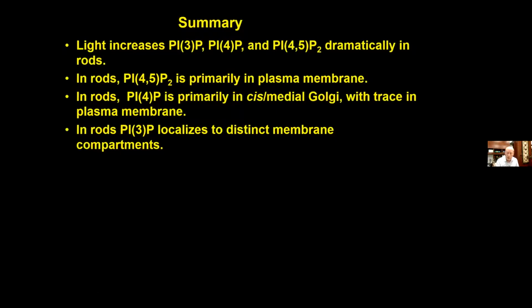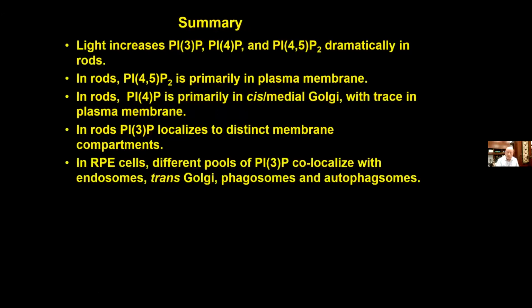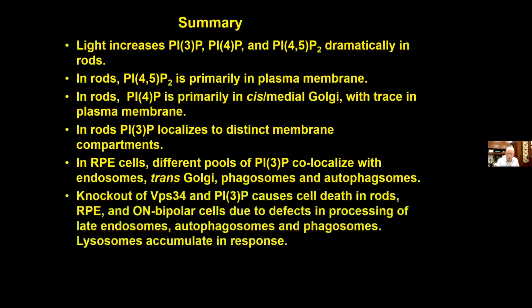PI3P localizes to distinct membrane compartments, and that includes endosomes, trans-Golgi, phagosomes, and autophagosomes. A knockout of VPS34 and PI3P causes cell death in rods, RPE, and bipolar cells, and this death is due to defects in processing of late endosomes, autophagosomes, and phagosomes. And there's also an accumulation of lysosomes.